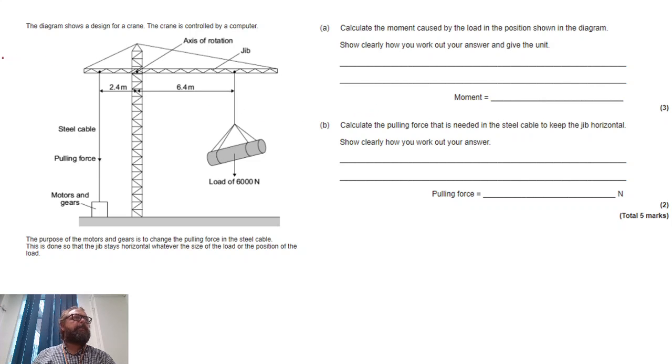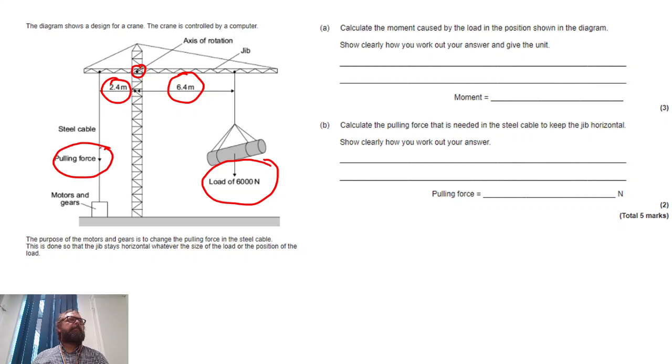Higher tier people, you're going to get questions like this on your physics paper. We've got a diagram of a crane, a pivot, information about a load, and 2 distances here and here. We don't know the value of this force. Calculate the moment caused by the load in the position shown in the diagram.